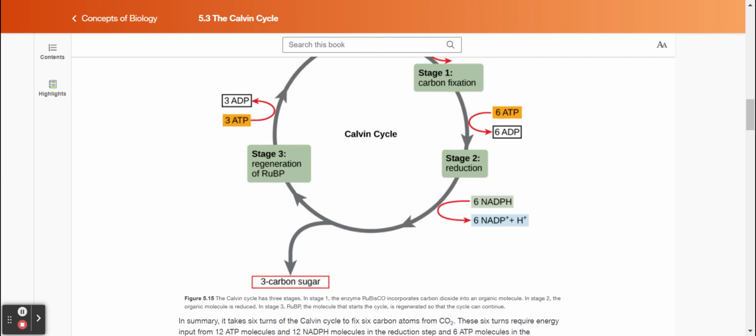Figure 5.15. The Calvin cycle has 3 stages. In stage 1, the enzyme Rubisco incorporates carbon dioxide into an organic molecule. In stage 2, the organic molecule is reduced. In stage 3, RuBP, the molecule that starts the cycle, is regenerated so that the cycle can continue.